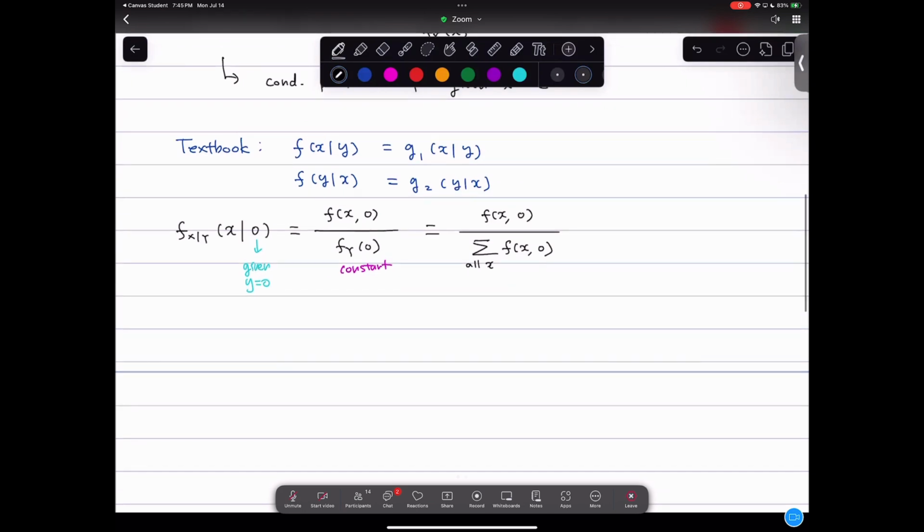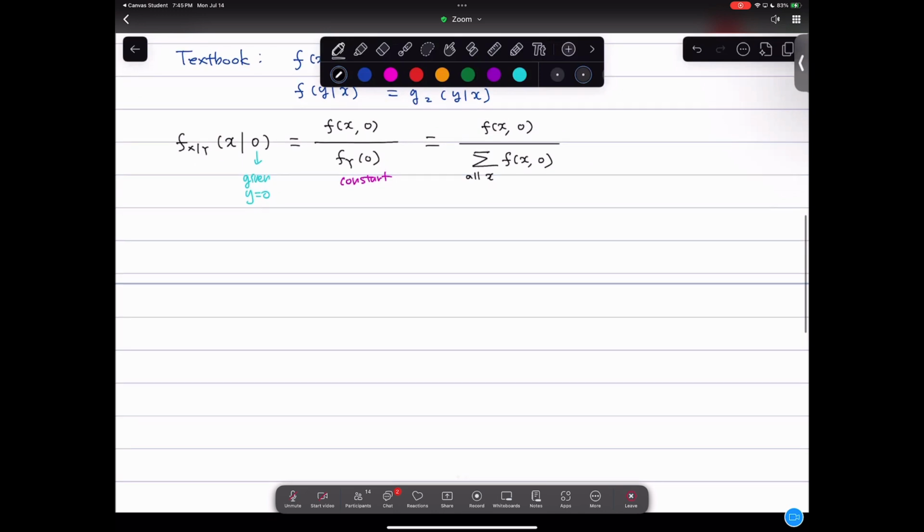The same way, let me just do it anyway. Let's get f of y given x equals 0. What it means is your x is fixed at 0. This time this is your given, x equals 0. That's fixed, but y can be anything. So I'm getting my marginal fx of 0.